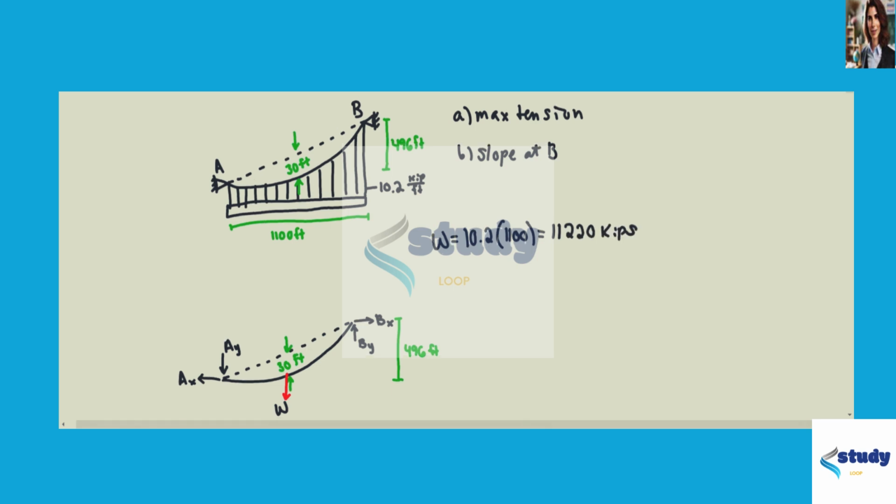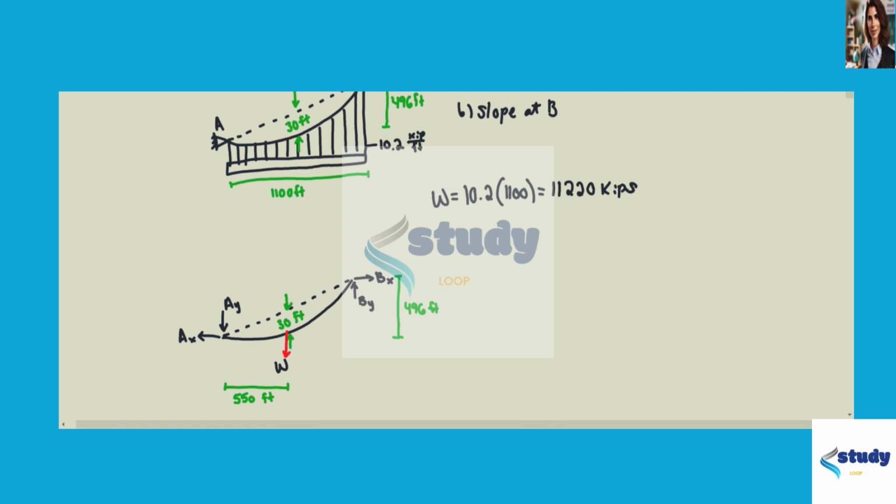We're going to draw the free body diagram from A to B. We're going to include the reaction forces at B. So Bx will be drawn in the positive x direction, and By in the positive y direction. And also the reaction forces at A. Ay is in the negative y direction, and Ax is in the negative x direction. So we're going to do the sum of moments around A and set that equal to 0.